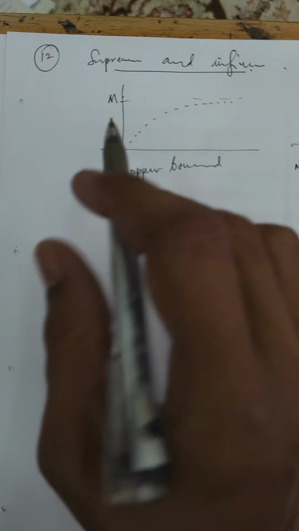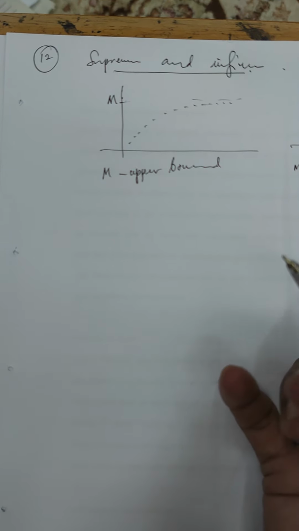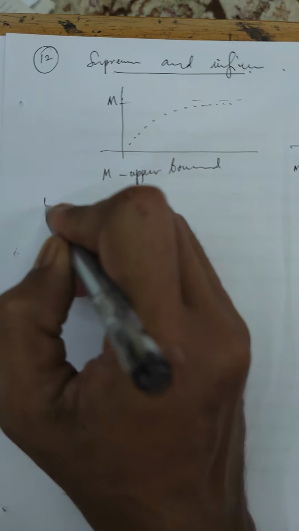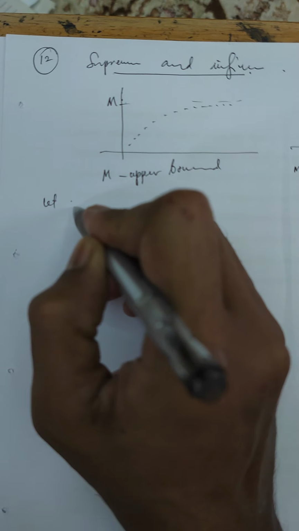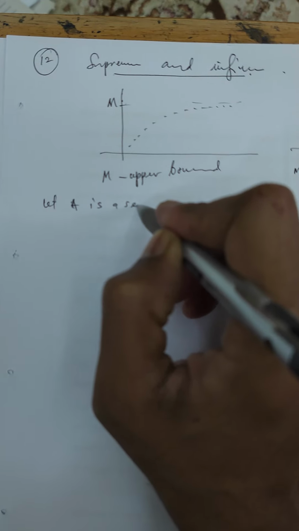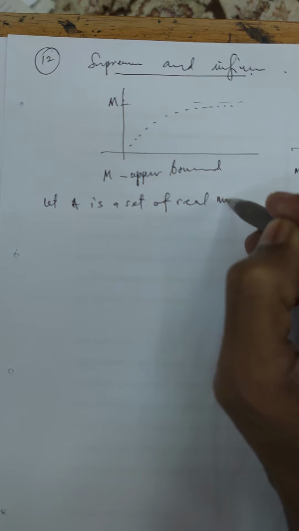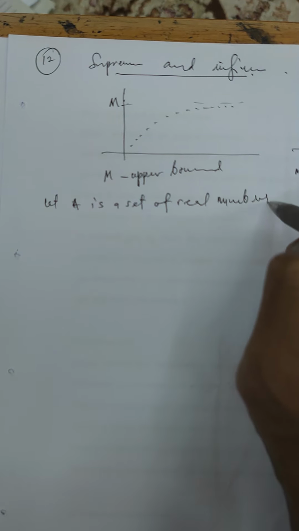So in formal writing, let me write those things. If we consider a set of real numbers, so let x be a set of real numbers.